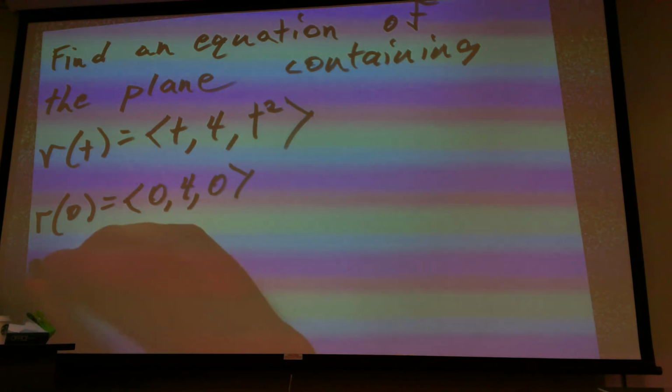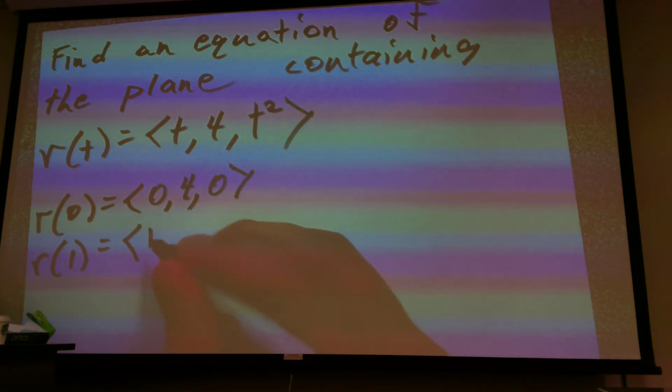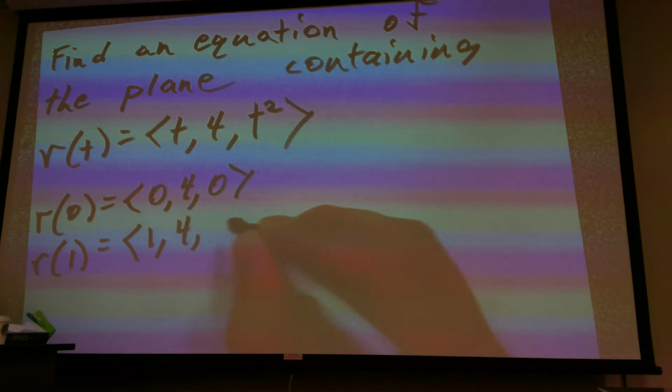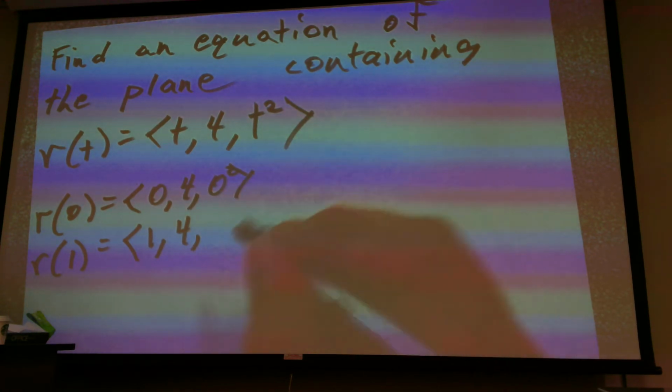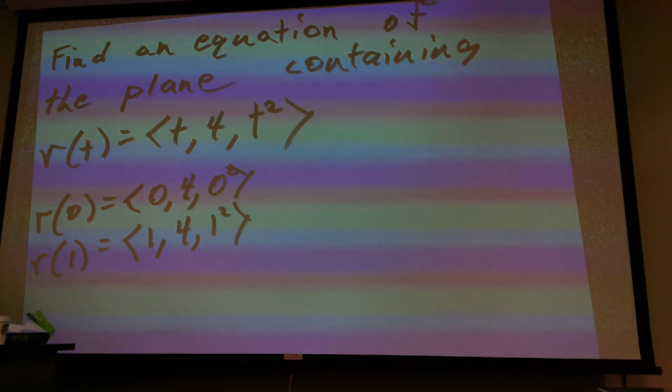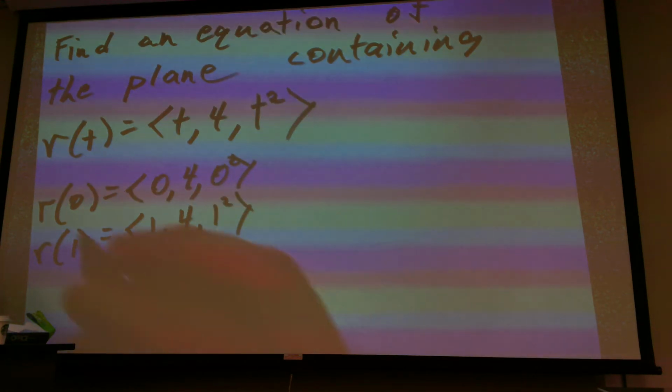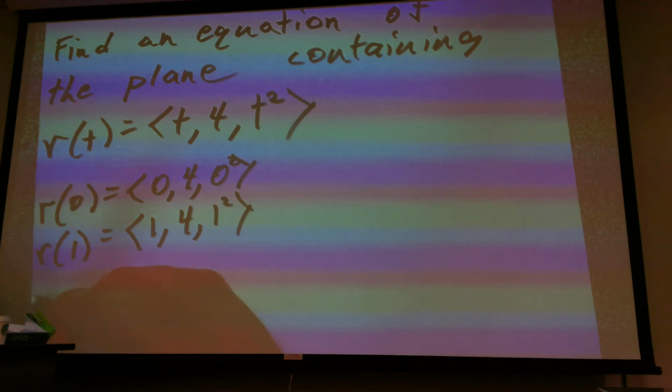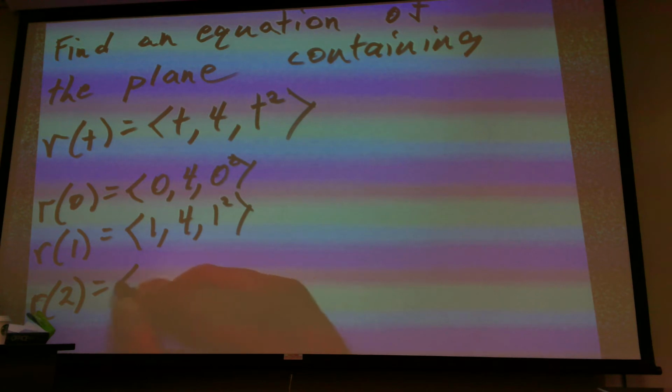Well, r of 1 would equal 1, 4, 1 squared. And then we can say, what would r of 2 be? This would be 2, 4, and then 2 squared, which would be 4.